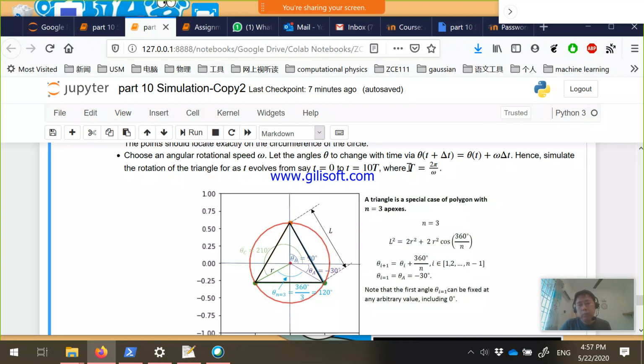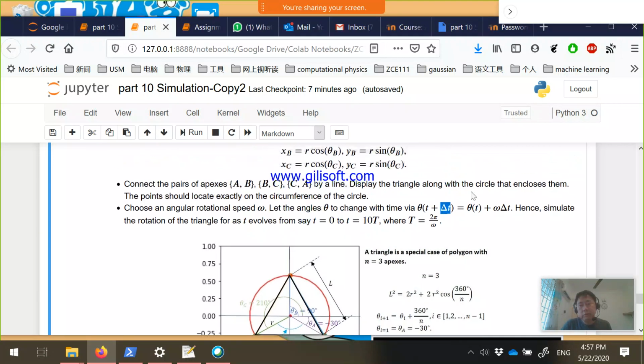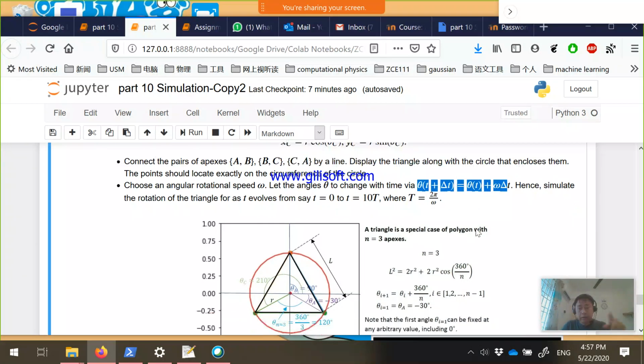Then when this thing is rotating, the angle of any point at the next time step t plus delta t will be equal to the original angle at time t plus the rotational speed times the displacement in time. So omega times delta t is the slight displacement in angle within time delta t. That is how you describe the rotational effects on an object.